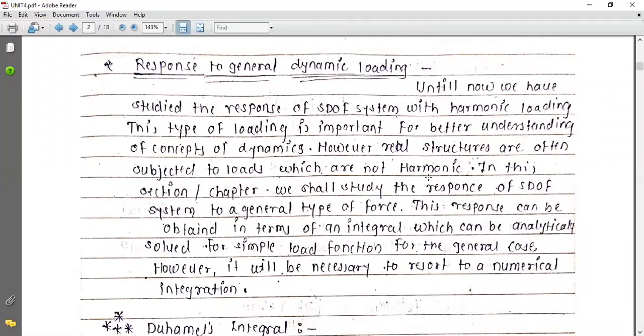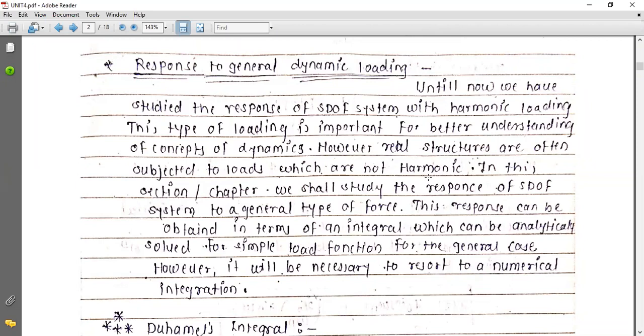So first point is the response to general dynamic loading. Until now, we have studied the response of SDOF system, a single degree of freedom system, with harmonic loading. This type of loading is important for a better understanding of the concepts of dynamics. However, real structures are often subjected to loads which are not harmonic.